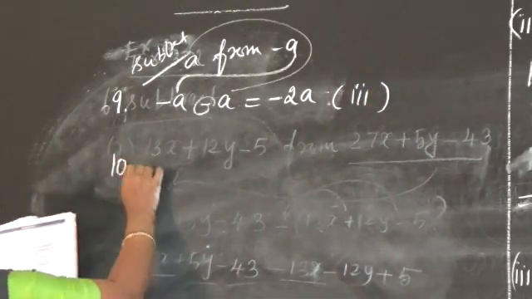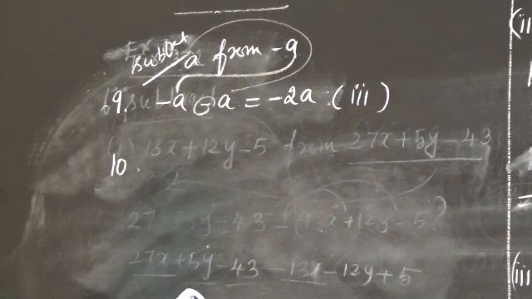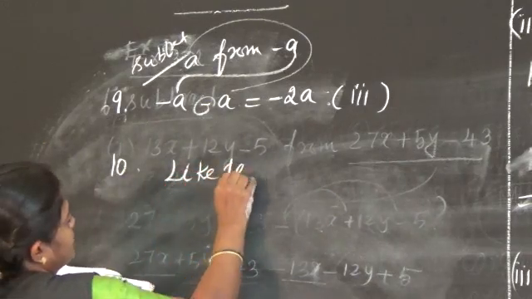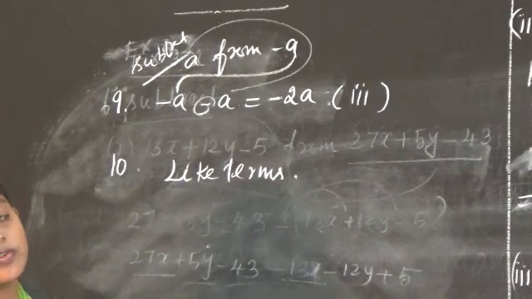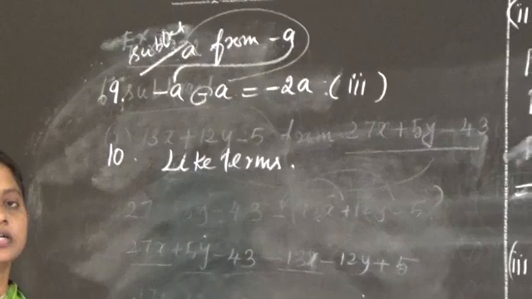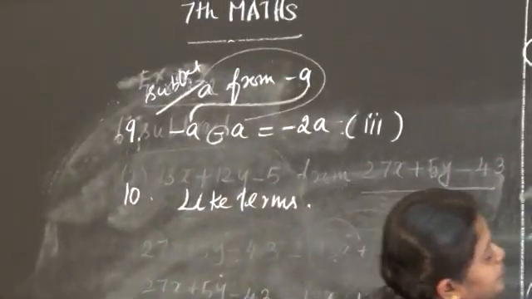Come to our 10th problem. In an expression, we can add or subtract only like terms, that you know very well. Till then, we were learning algebraic expression. Now, we are going to learn what is an equation. You know what is meant by expression?